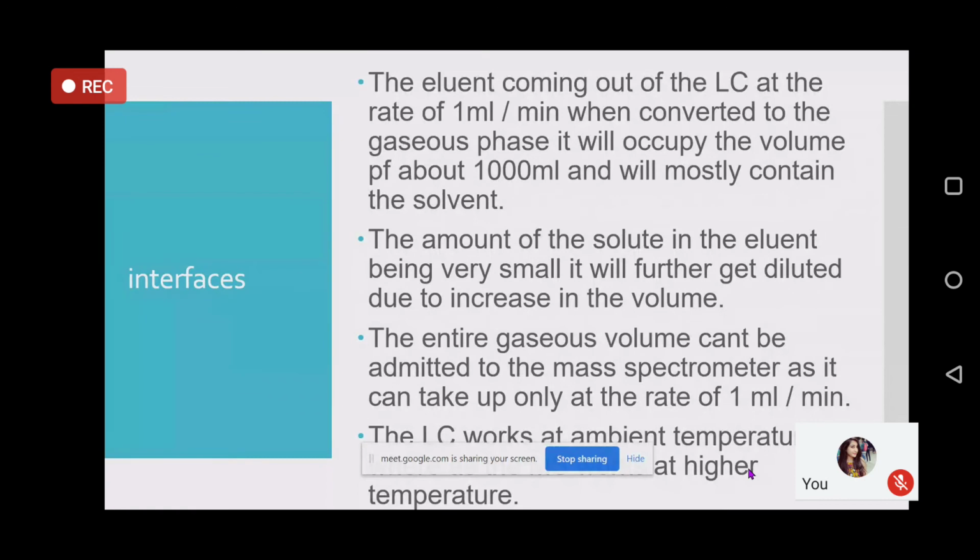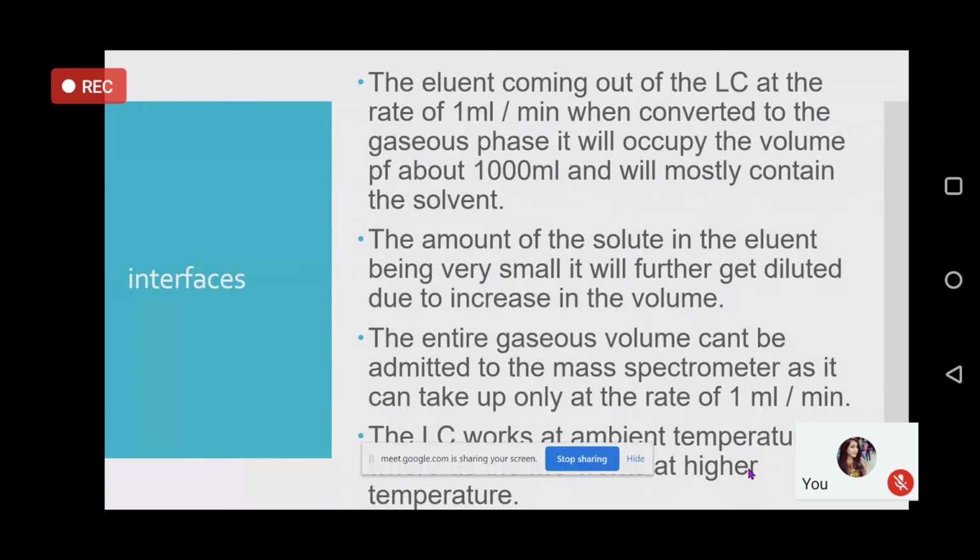So the amount of solute that comes out of the LC column is very small compared to the volume of the mobile phase. The entire gaseous volume can't be admitted to the mass spectrometer, as it can take up only at the rate of 1 ml per minute.